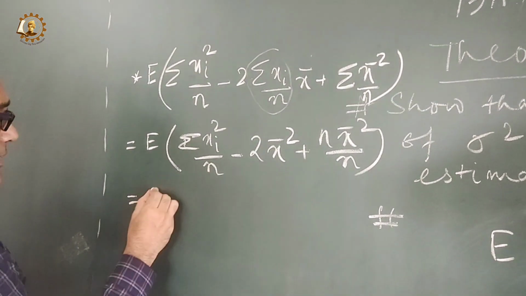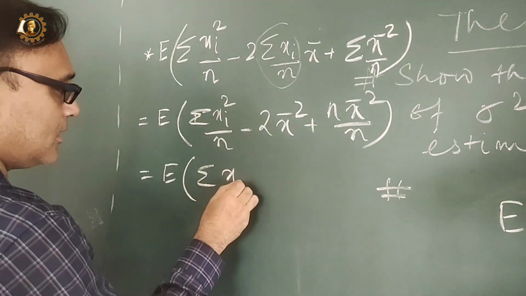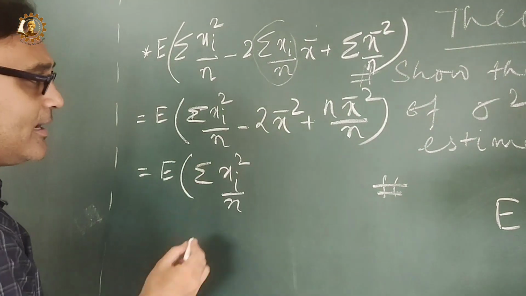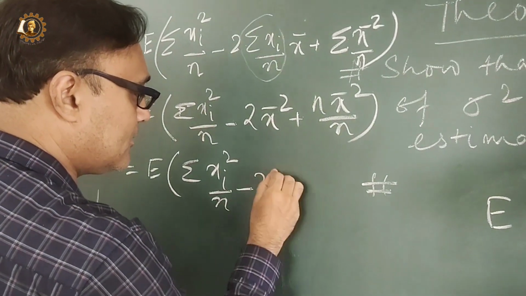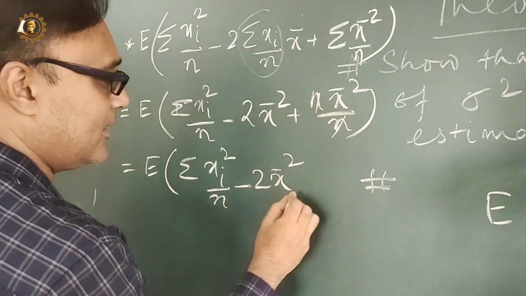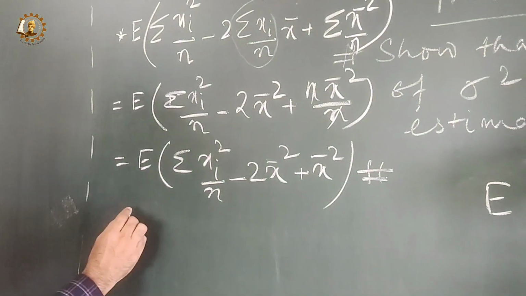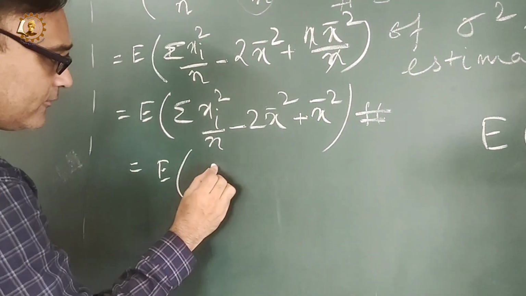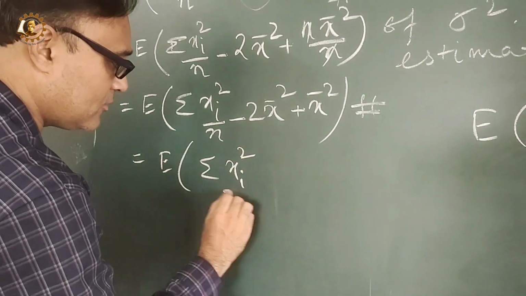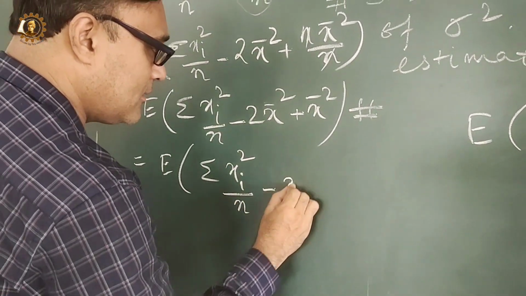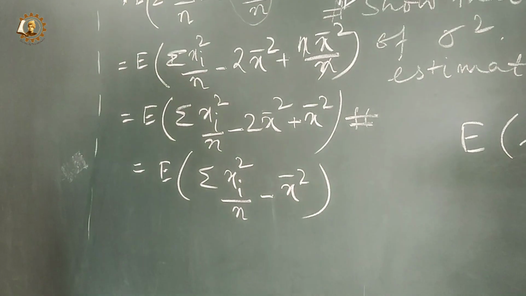So what I am getting here, E of summation of xi square by n minus 2x bar square, this n will cancel, plus x bar square. So ultimately what I am getting, E of summation of xi square by n minus x bar square. Right?